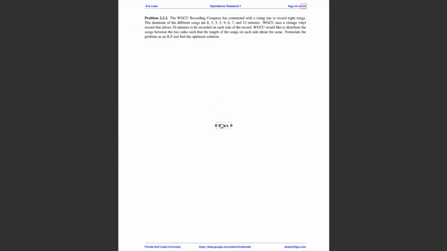So I'm using a variable which would be a binary. Let's call it xi, and xi would denote if a song was recorded or not on side A. So if it was recorded, the value of xi would be 1, or if it was not, the value would be 0. So we have i being from 1 to 8 because we have 8 songs.